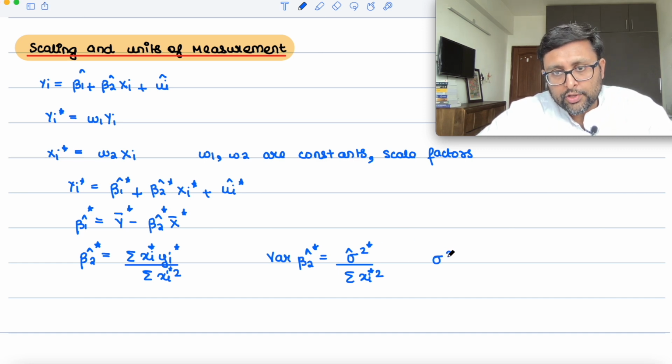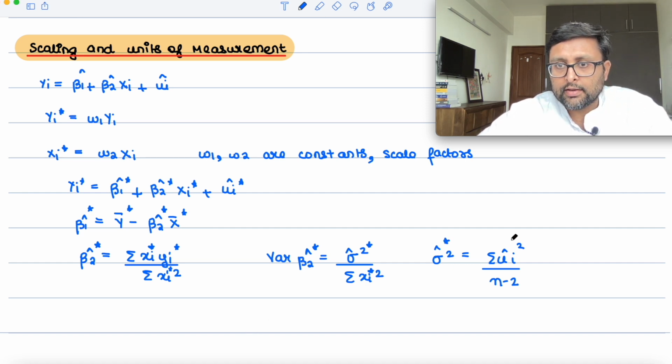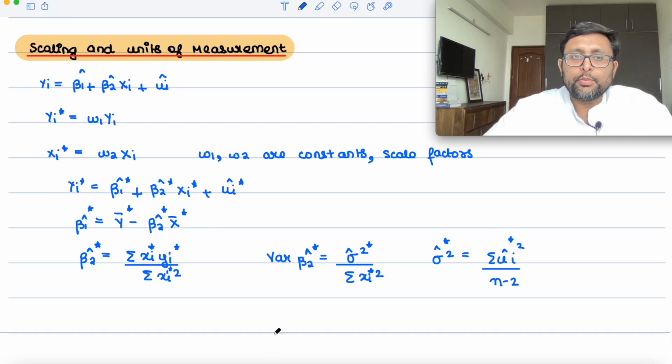If this were the original model, then sigma square hat would be summation of ui hat square upon n minus 2. But when this is a scaled model, it is sigma square hat star, which is equal to summation of ui hat star square upon n minus 2, right?